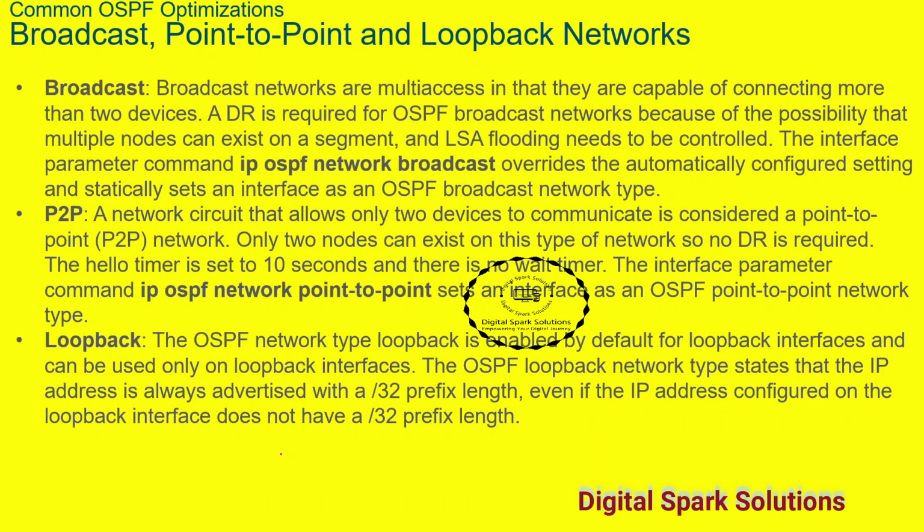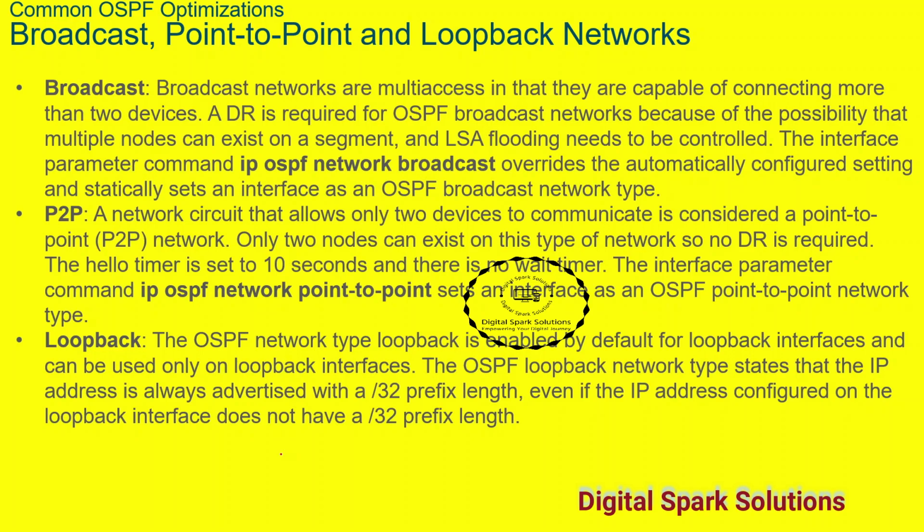Broadcast networks are multi-access in that they are capable of connecting more than 2 devices. DR and BDR are required for OSPF broadcast networks because of the possibility that multiple nodes can exist on a segment. When we have point-to-point, only 2 nodes can exist in this type of network, so no DR is required.